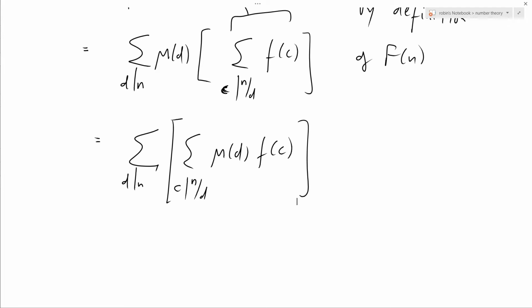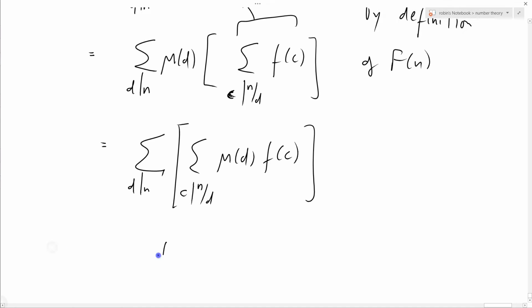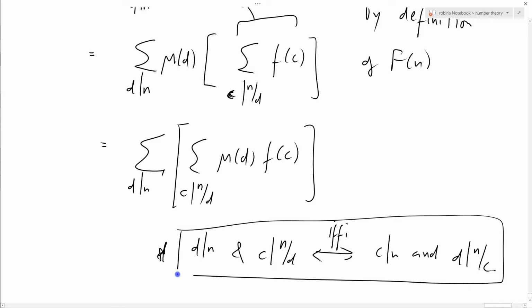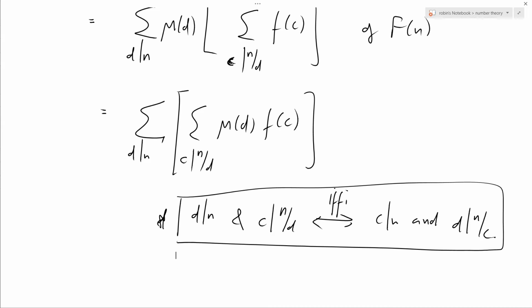And then I'm going to make use of a nice feature, which again I'm not going to prove, which is that if d divides n and c divides n over d, then this implies and is implied by, if and only if, c divides n and d divides n over c.